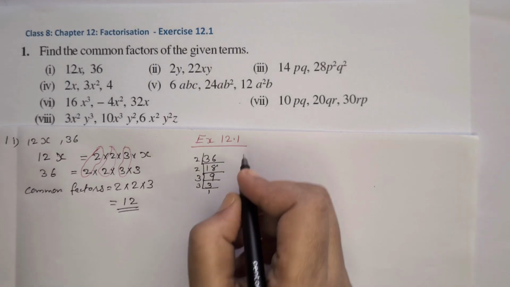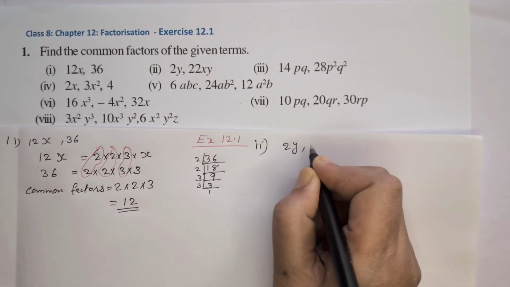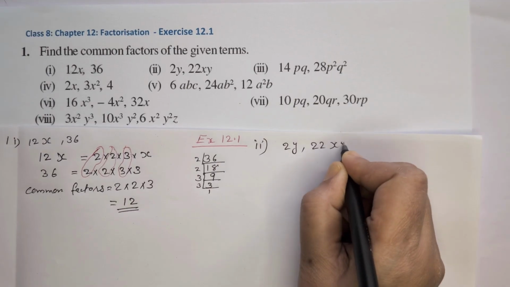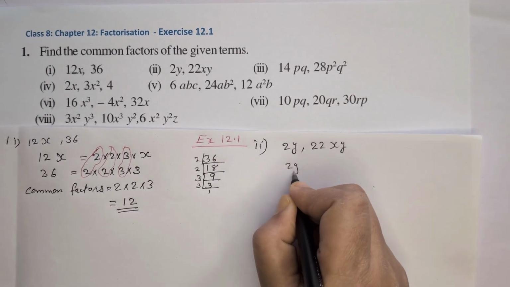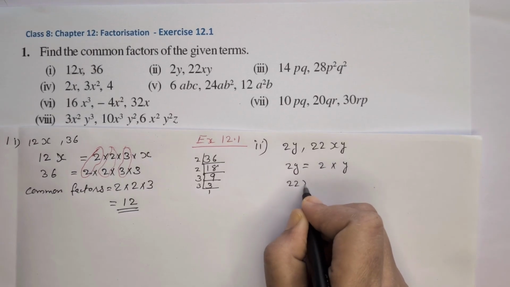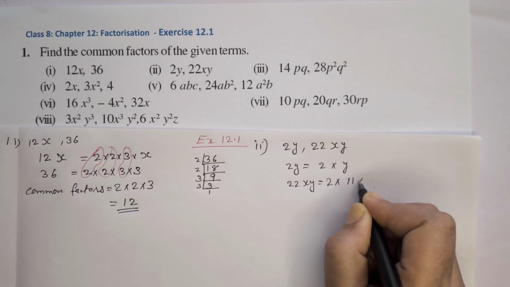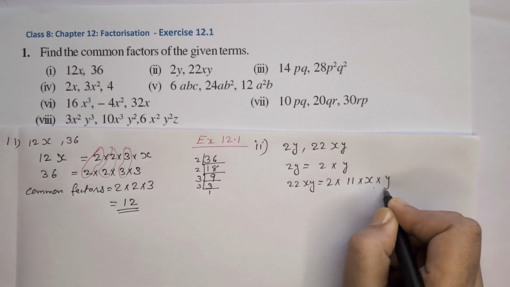Same way the second one, 2y and 22xy. 2y we can write as 2 into y. 22xy we can write as 2 into 11 into x into y.